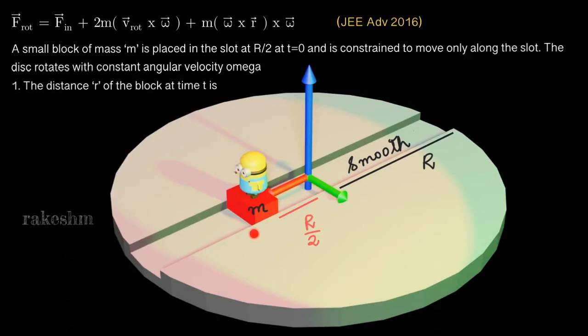We are placing the block here, and when this disk is rotated, what happens to this block?